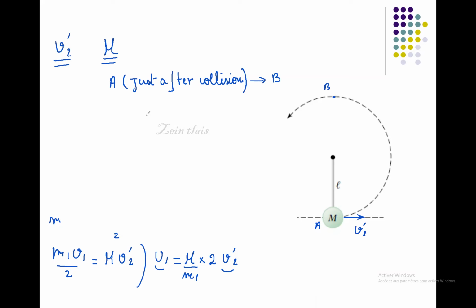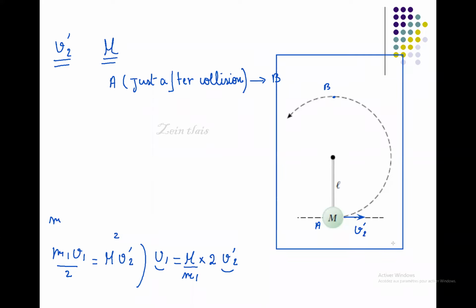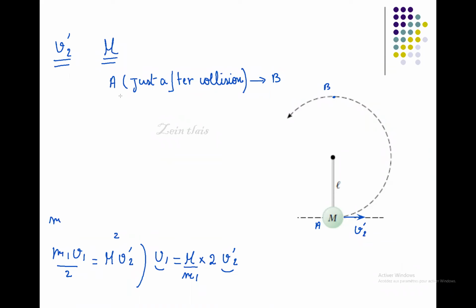Here we have a conservation of mechanical energy. In the case of an isolated system, at any position we have conservation of mechanical energy. So we can write ME initial equals ME final.